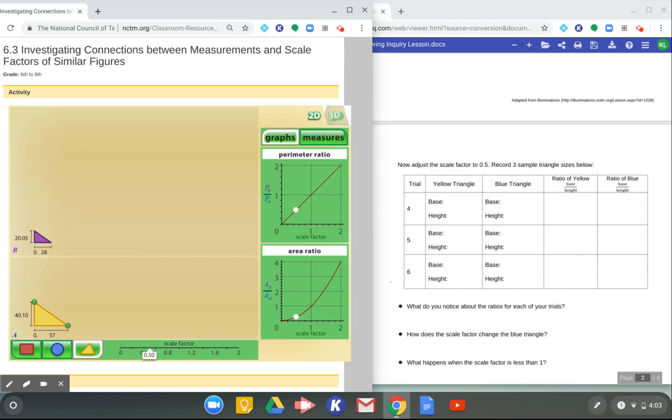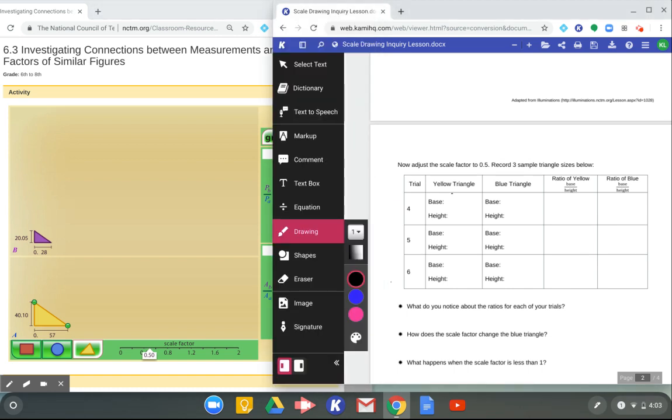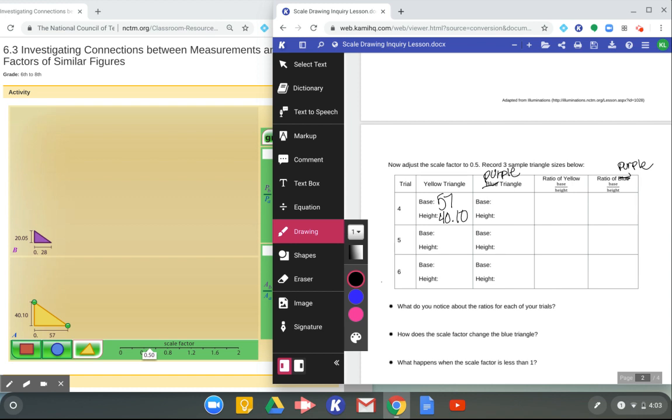So let's use the triangle that I have right here. My yellow triangle has a base of 57 and a height of 40.10. Now if I look at my blue triangle, which really should be purple, the base now is 0.28 and the height is 20.05.